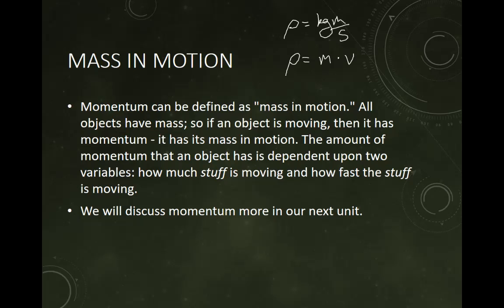So a kilogram meter per second is our unit for momentum. We will talk more about this in our next unit as we finish off this term, and then we'll look at impulse as well. But that's the basics of what you need to look at. You think about how fast something is moving and how much stuff is moving. The combination makes up the mass in motion, or the momentum.